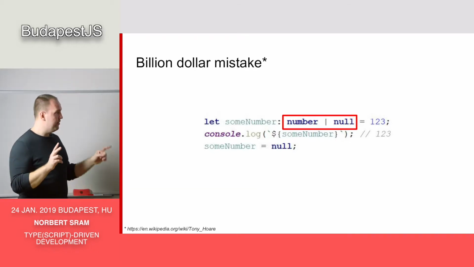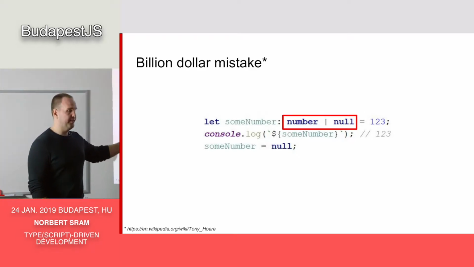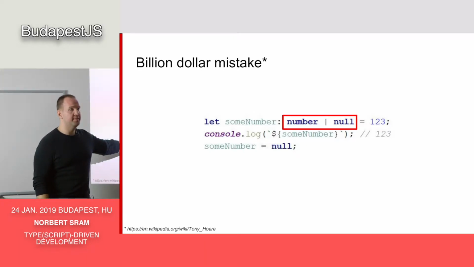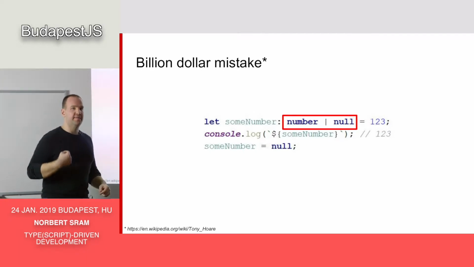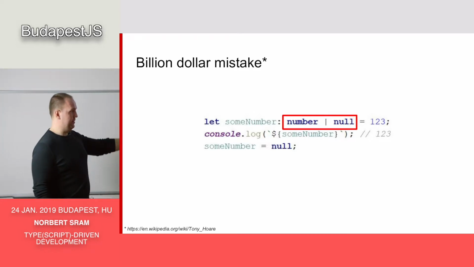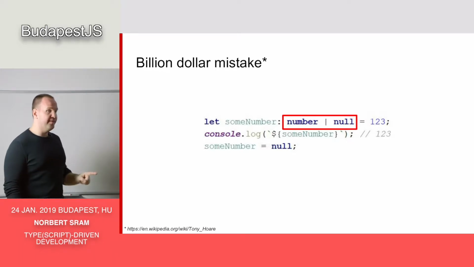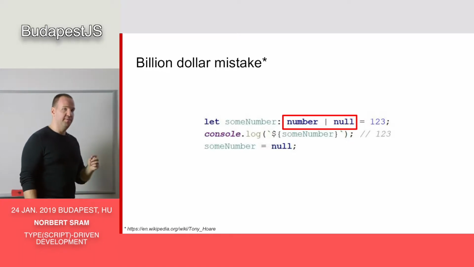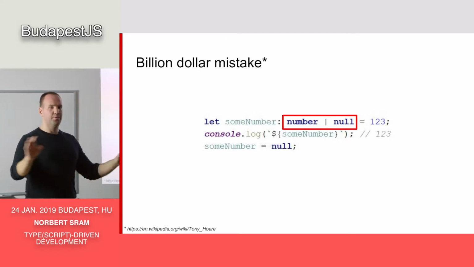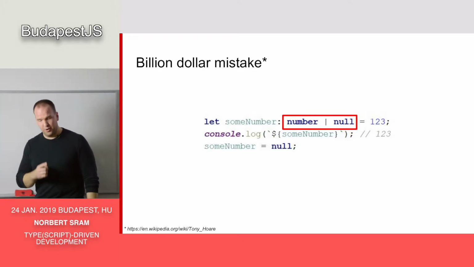In hindsight, what I forgot to put here is that, yes, I can assign number now, but what TypeScript will do for you, if I want to dereference some number, hey, I want to get the value from the number, TypeScript will tell me that at this point in the line of code, it's either number or null. You have to verify that it's not null before you can actually dereference and get a number from it. Otherwise, it won't compile. Otherwise, it says that you're cheating and lying. And the compiler is right.